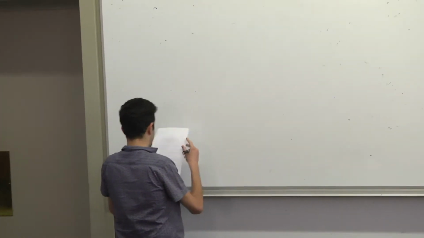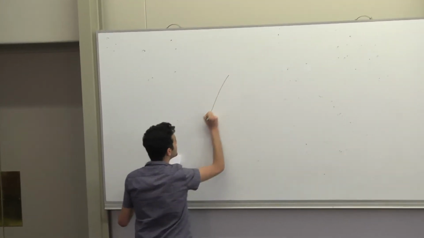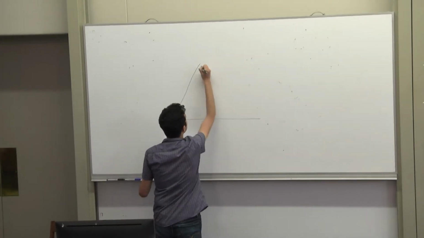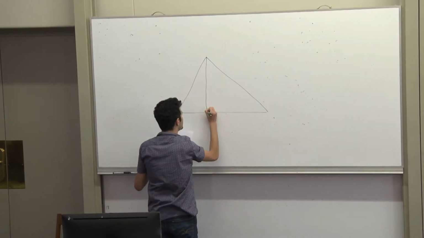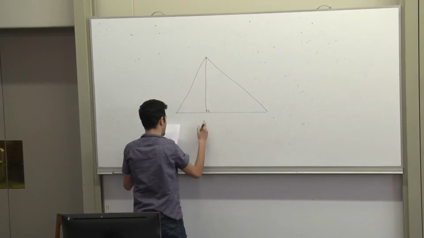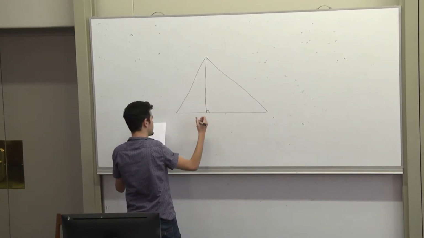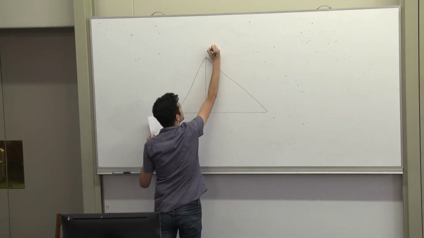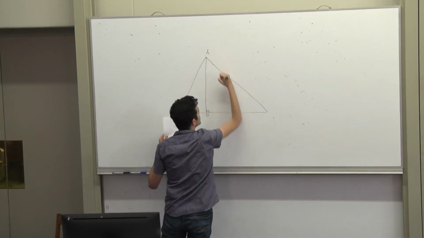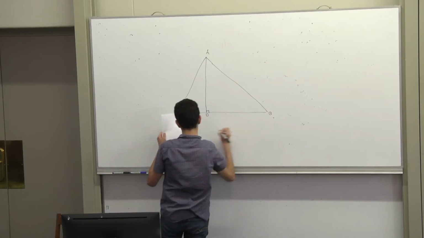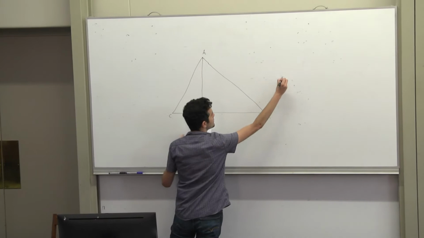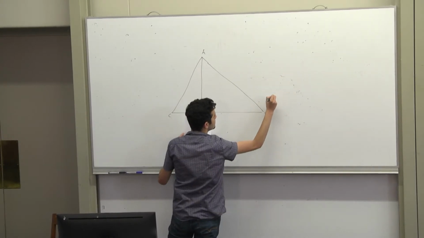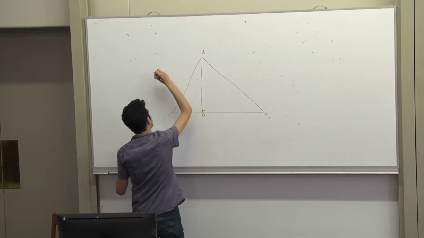So the full question is that we have a triangle which is acute, and you have the perpendicular here, D. This is A. This is B. This is C. Then imagine you have the circumcircle.